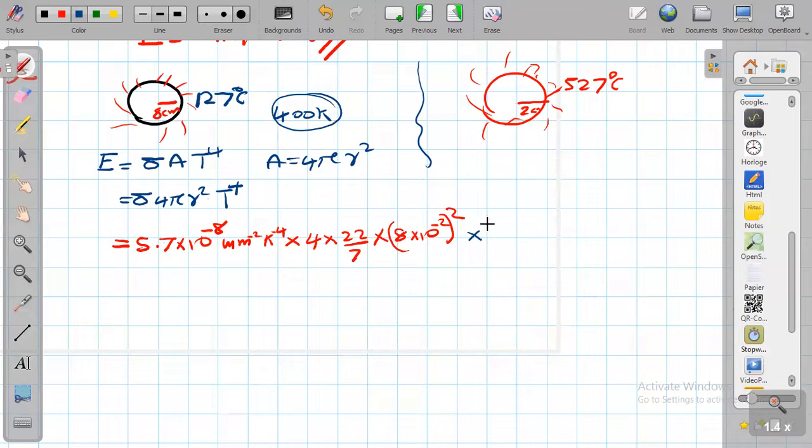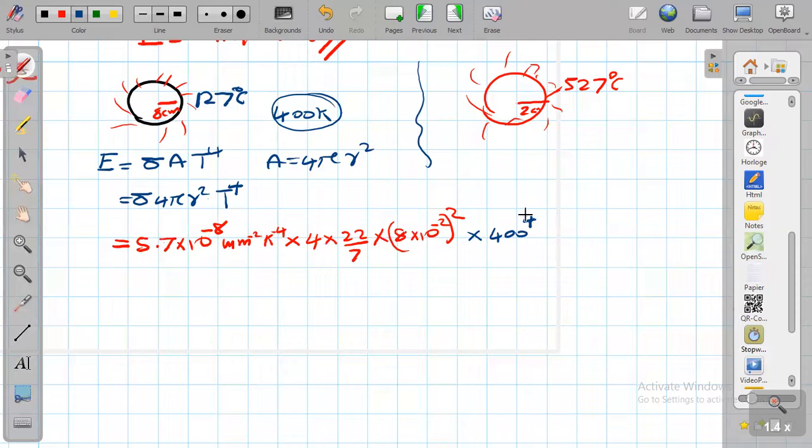400 and 10 power 4. These are the substitutions that I have to make, and I will substitute and get the answer in my scientific calculator.